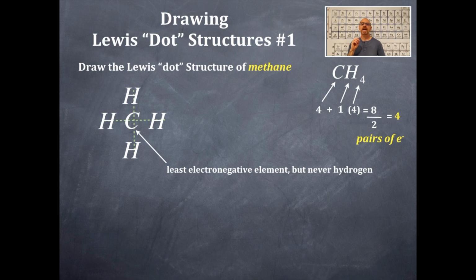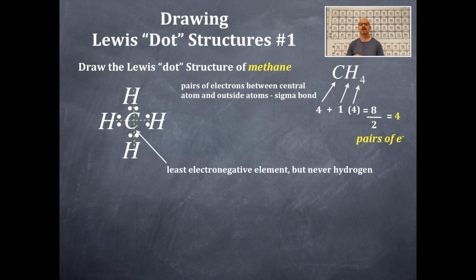So I'm going to place a pair of dots in between each of the carbon hydrogens, just like that. And it's on either side of that green plus sign. So that's a pair of electrons in between the central element and the outside element. Now I've used up all my pairs of electrons, so I don't have to apply the other rules. And the other rules are placing lone pairs of electrons on the outside elements, and then placing lone pairs of electrons on the central element.